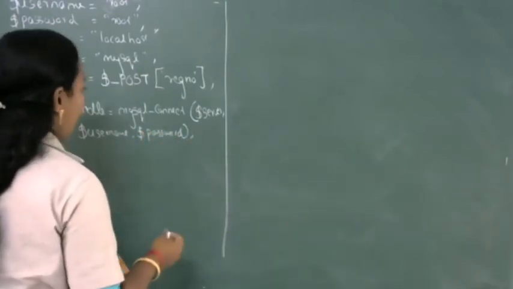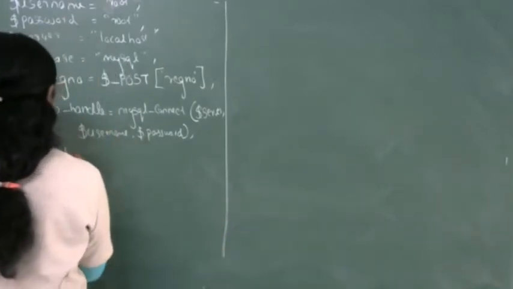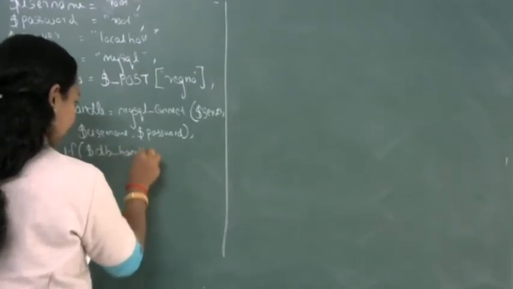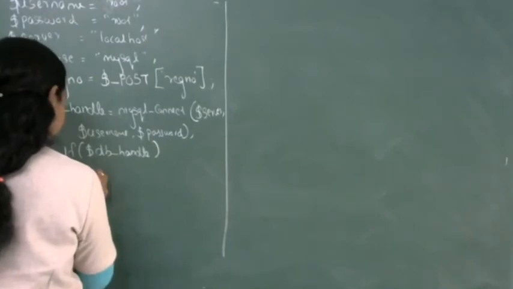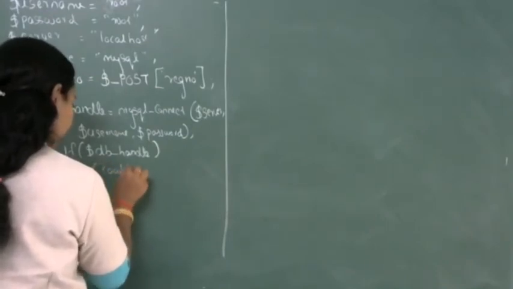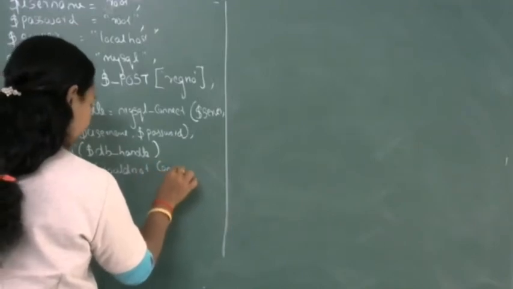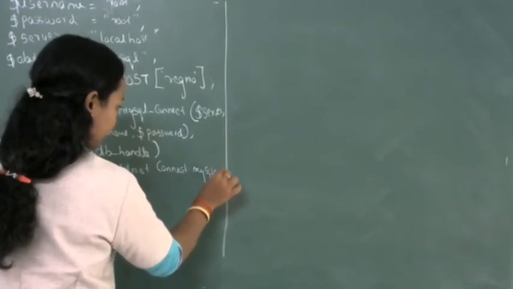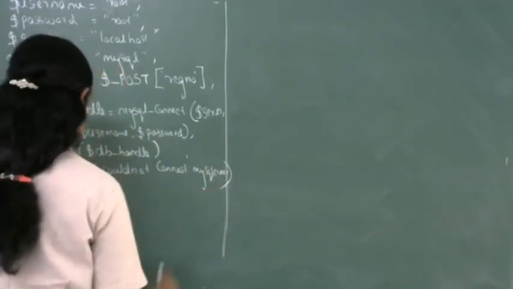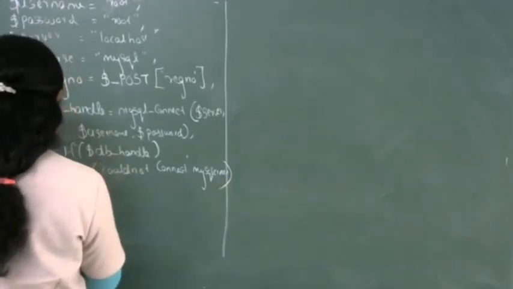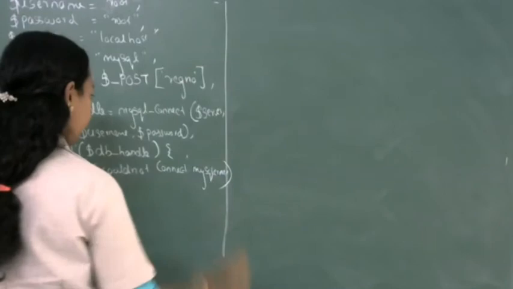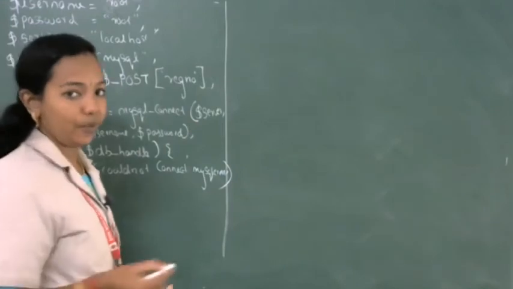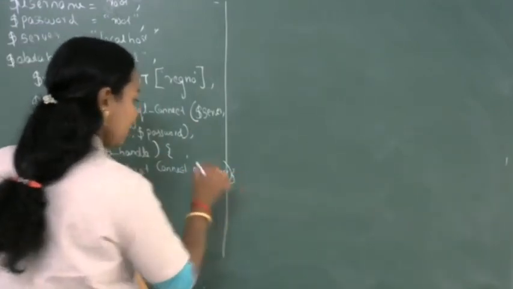Next, if $db handle, die could not connect, mysql_error function. Open the bracket, and after that if $db handle, die could not connect, mysql_error function. If it does not happen, then we can close the bracket here.